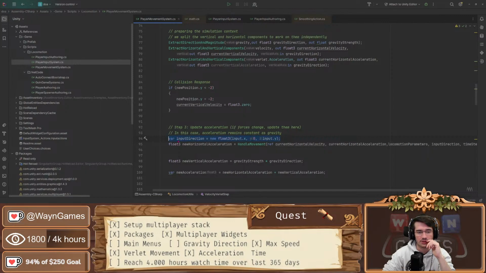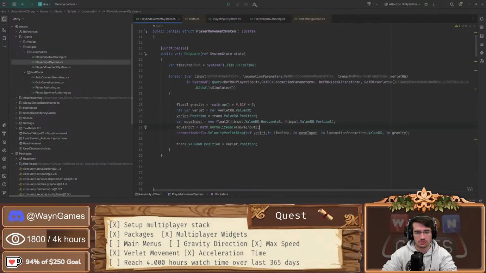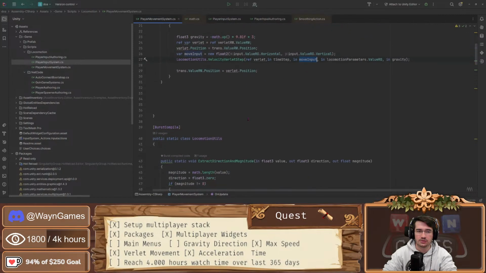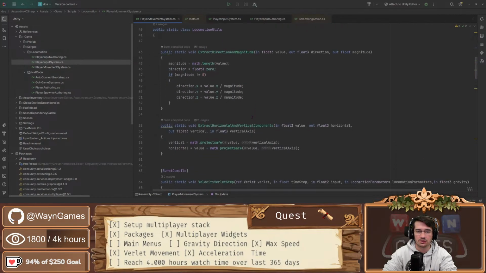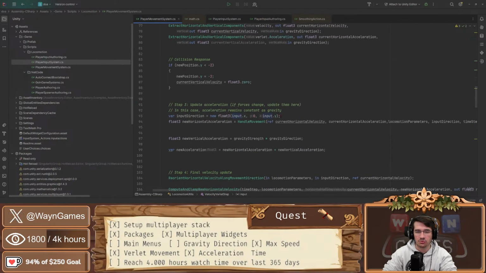Actually, for the movement input, okay, I don't actually want to normalize it. I want instead to clamp it.